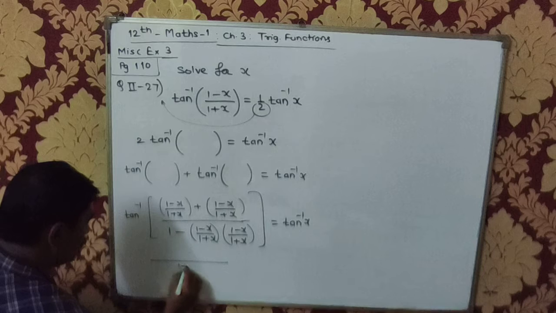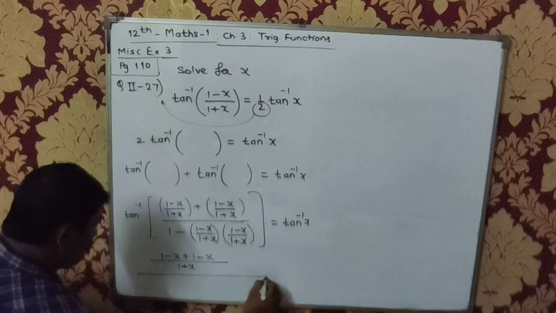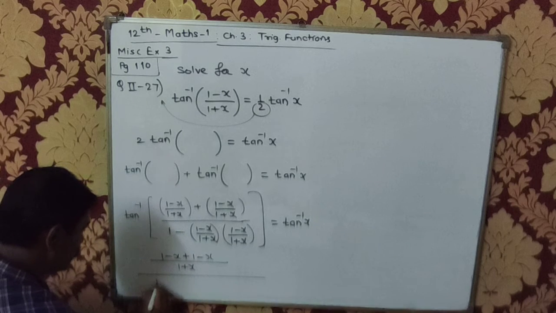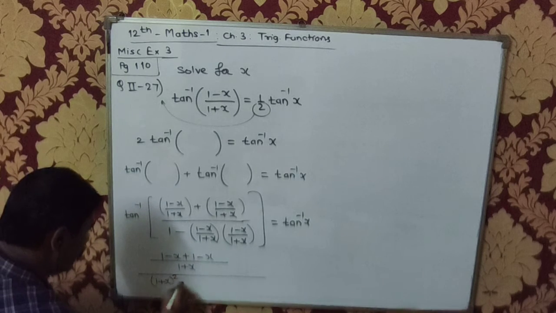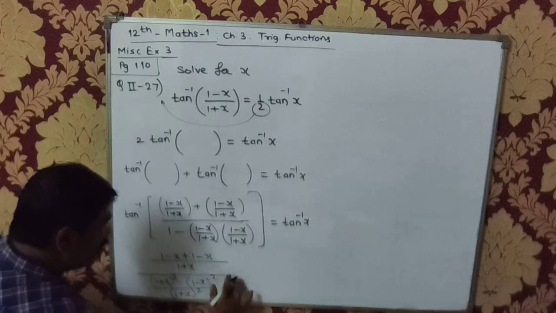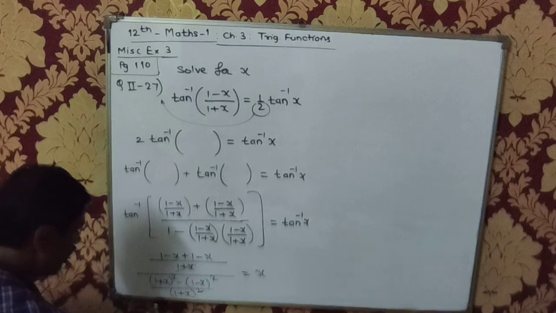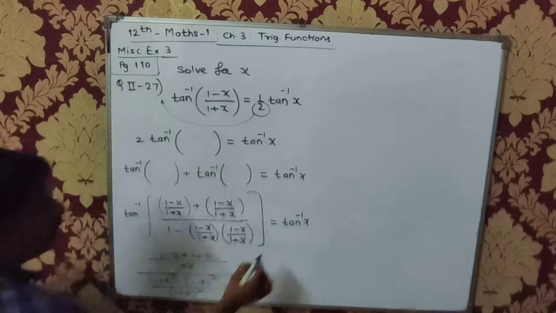LCM आएगा 1 plus x numerator का, and this is 1 minus x plus 1 minus x. Denominator में आएगा 1 plus x का square minus 1 minus x का square upon 1 plus x का square is equal to x. तो अब इसमें से ये 1 plus x एक चला गया, क्या बचेगा यहाँ पर देखिए.